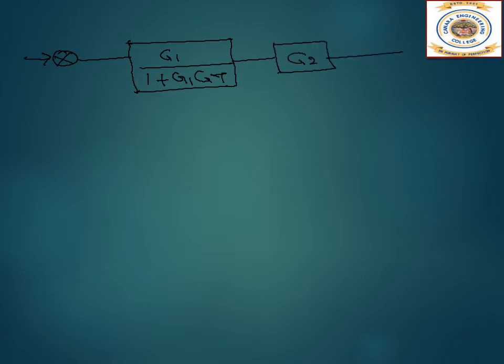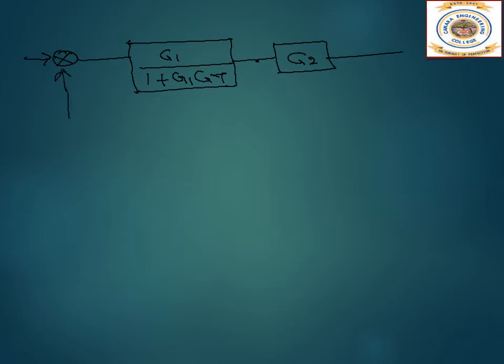So what did we have? We had G1 in the forward path and G7 in the feedback path. So G of S will be G1 divided by 1 plus G1 H of S, it's a negative feedback, and H of S is G7. Then we had G2 over here. This takeoff point will vanish because we have solved it.